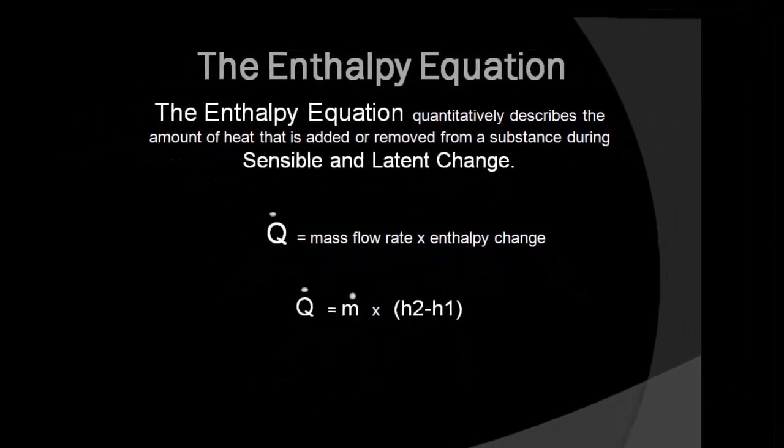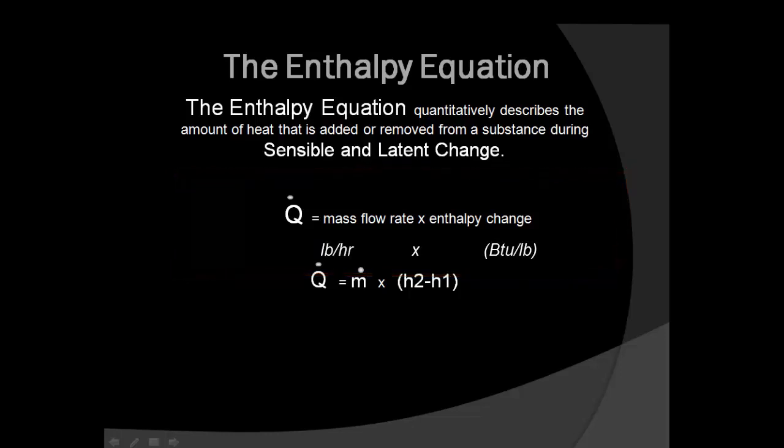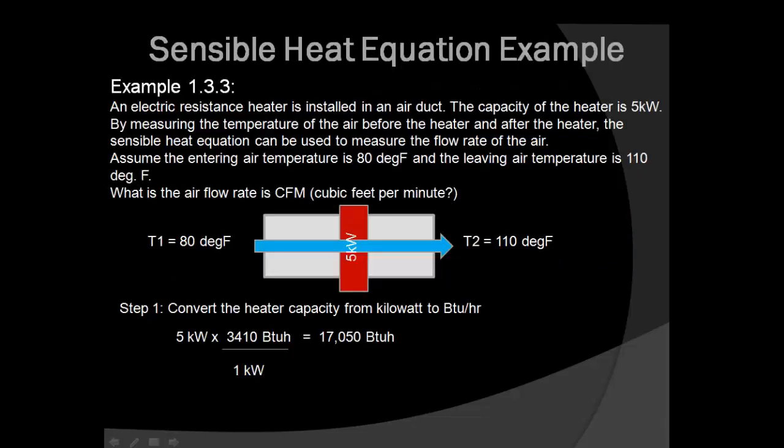Written as an equation, Q is equal to the mass flow rate times the change in enthalpy. To find Q in BTUs per hour, the mass flow rate is in pounds per hour and the enthalpy is in BTU per pound.